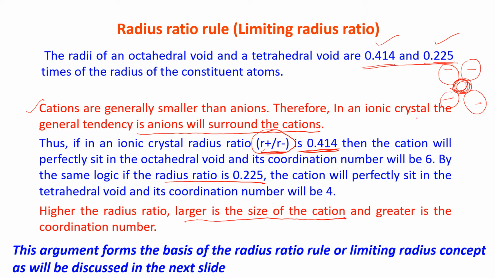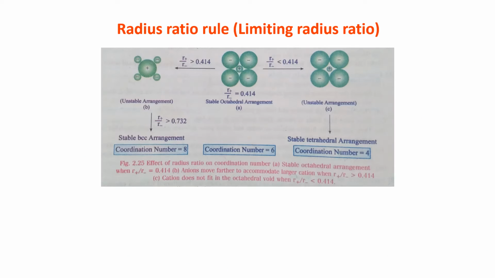This argument forms the basis of the radius ratio rule, or limiting radius concept, as we will discuss in the following slides. You can see here, R plus by R minus of 0.414 is the stable octahedral arrangement.